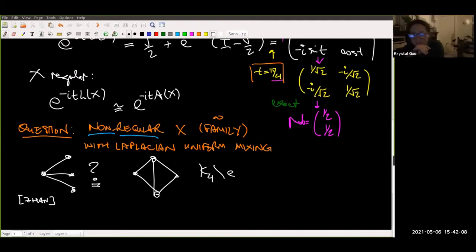Sorry, Tino, but if you have a graph and its complement, don't they have to have uniform mixing at the same time? So you're asking if complementation preserves Laplacian uniform mixing?